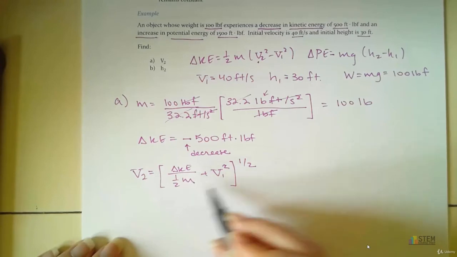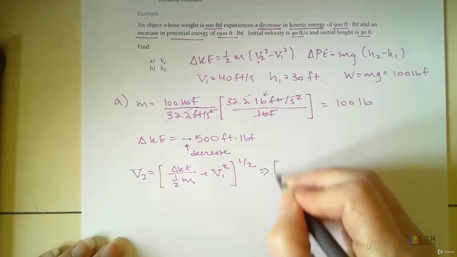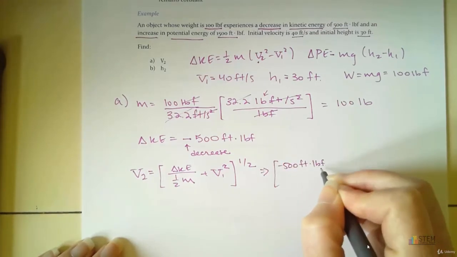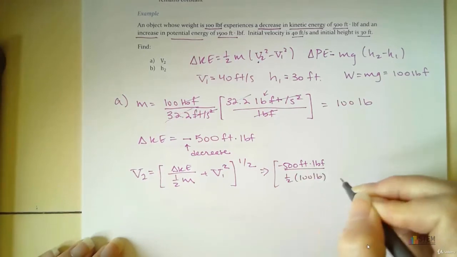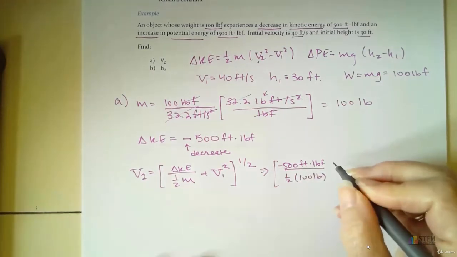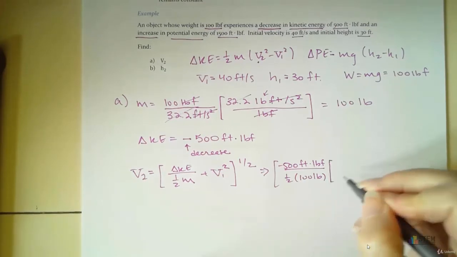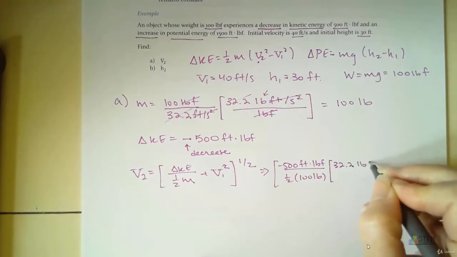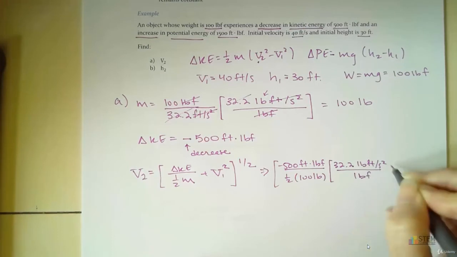So now we need to just plug in our numbers. Right? So we're going to have negative 500 foot-pound force over 1/2 of 100 pounds. And here we are again, we're going to have to do that conversion again. So 32.2 pound foot per second squared per pound force.